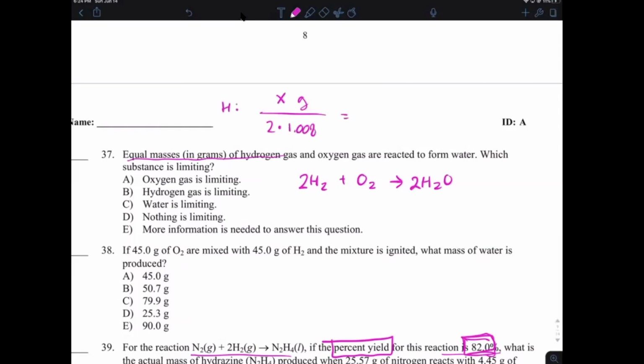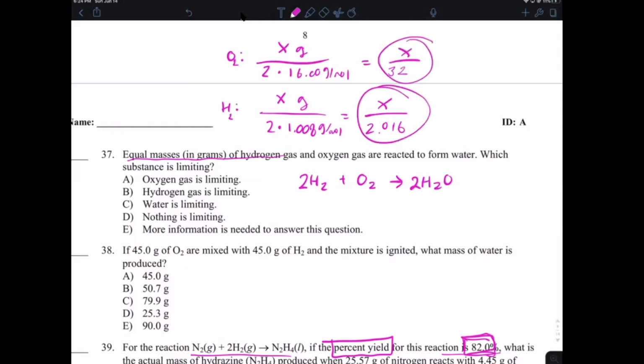It's just some number divided by 2.016. And then for O2, it's just some number divided by the molar mass, which is just 2 times 16.